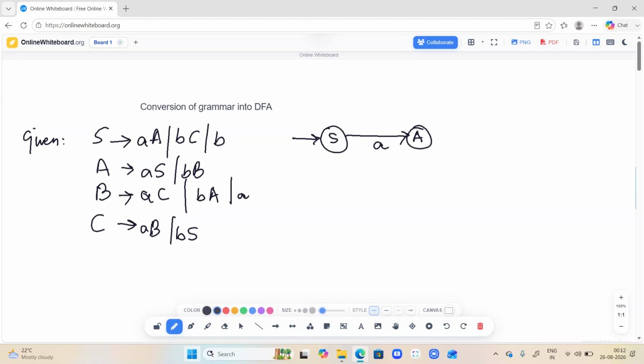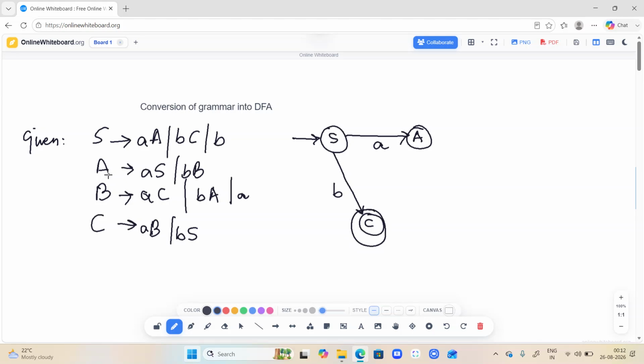Then S goes to C on input b. Let's say this is state C. S goes to C on input b. And S terminates with the symbol b. So wherever S goes on b, to whichever state it goes, that state will act as a final state.